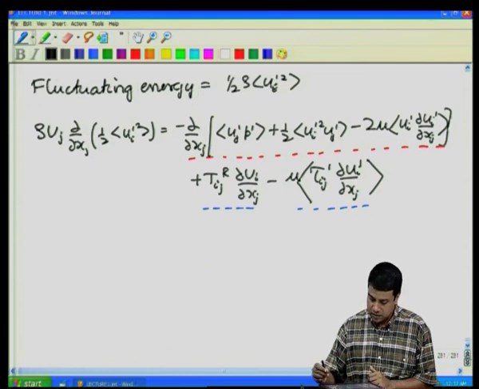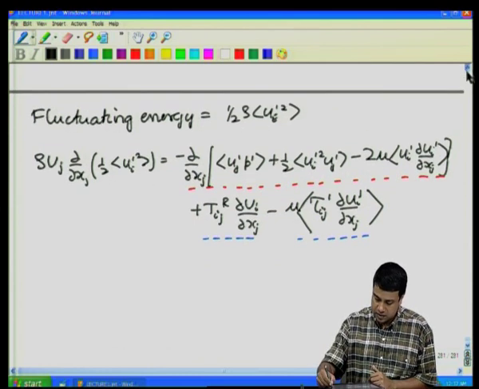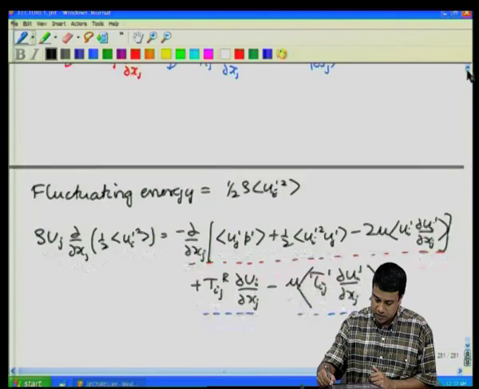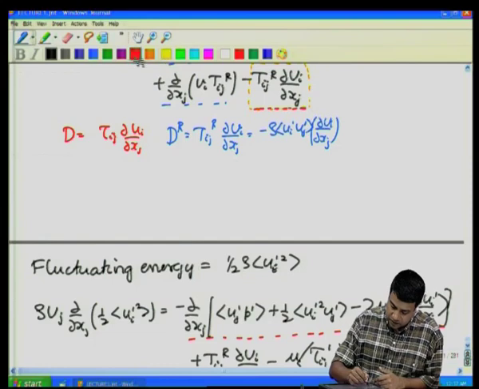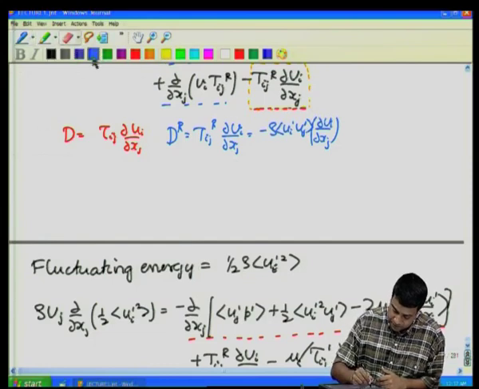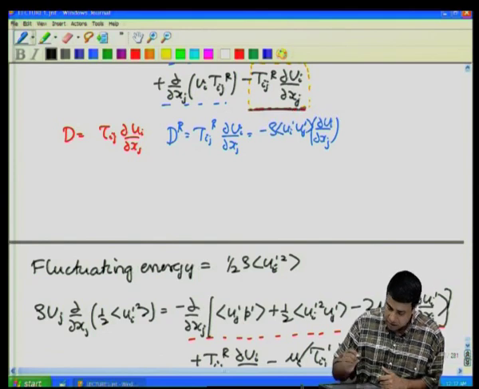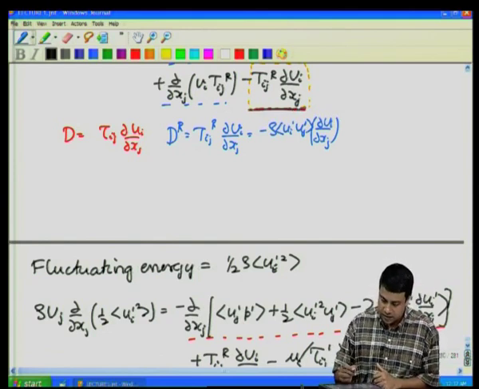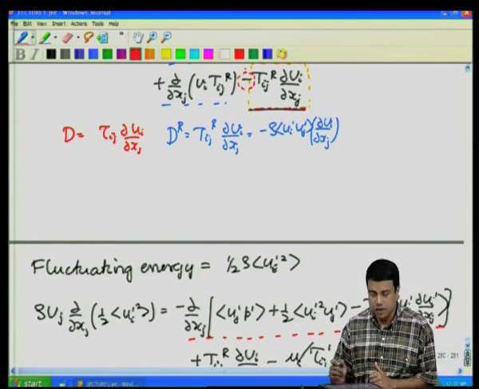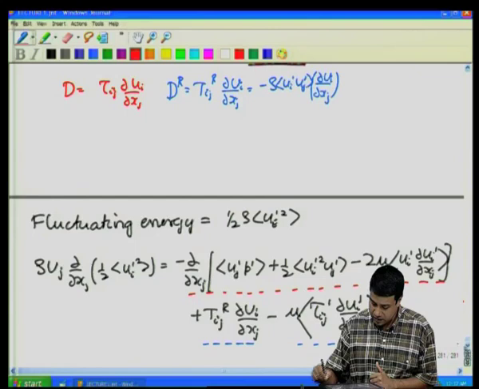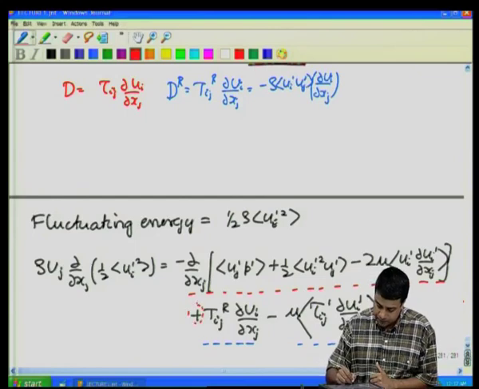You can see that this is the term that appears in the mean energy conservation equation over here. This is the exact same term that appears in the mean energy conservation equation, except here it appears with a negative sign, and over here it appears with a positive sign.